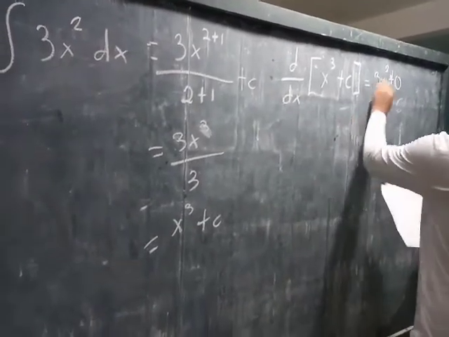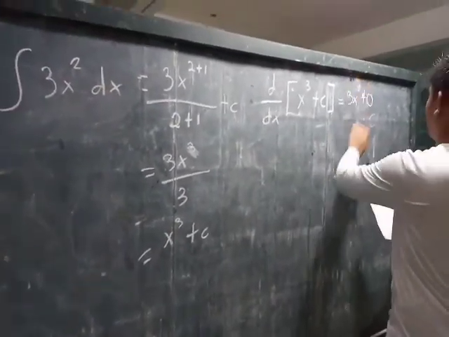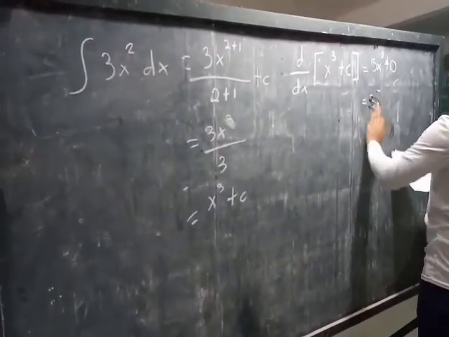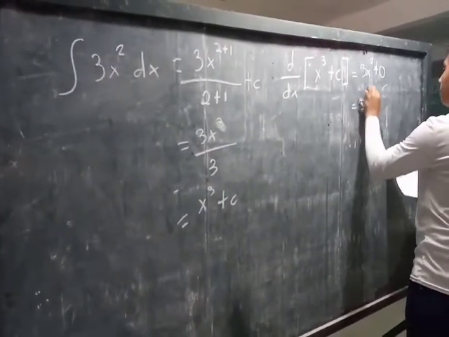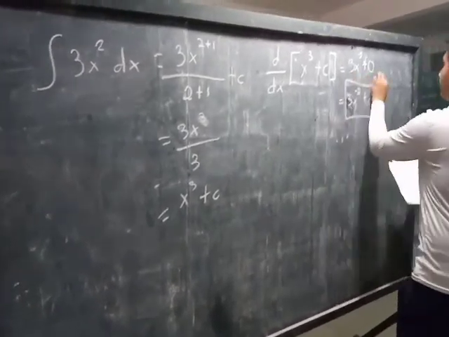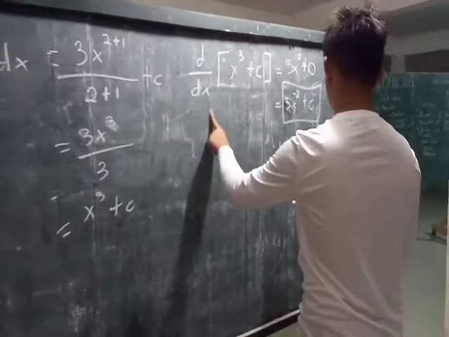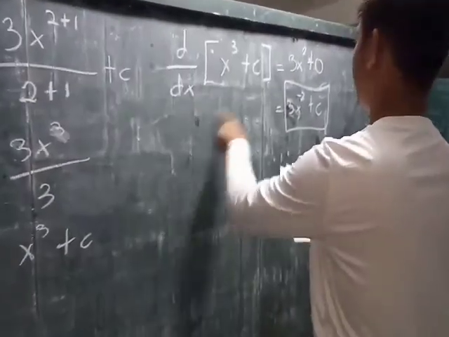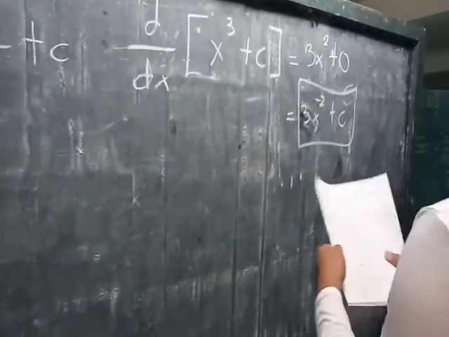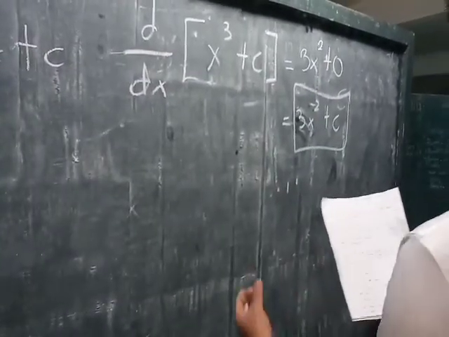So 3x squared plus the constant of our integration.